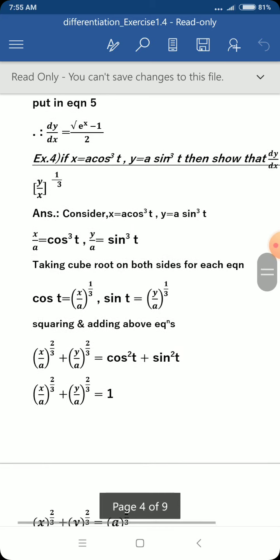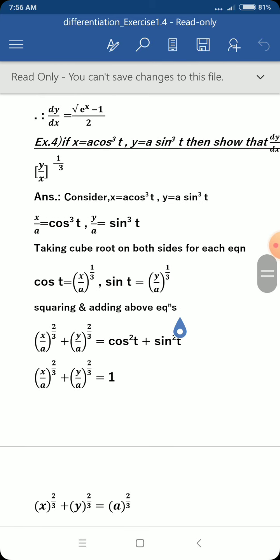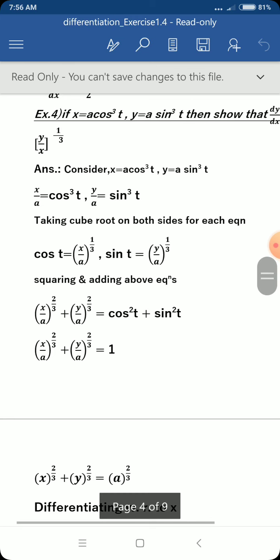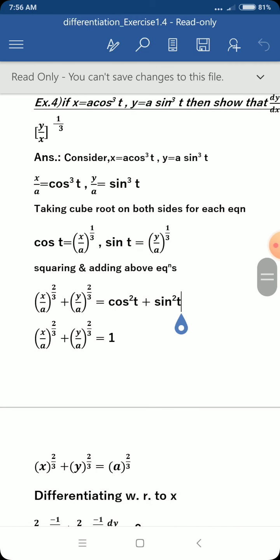Now, squaring and adding the above two equations, we get x upon a bracket raised to 2 by 3 plus y upon a bracket raised to 2 by 3 equal to cos square t plus sin square t. Now you know that the first fundamental identity is cos square theta plus sin square theta equal to 1.